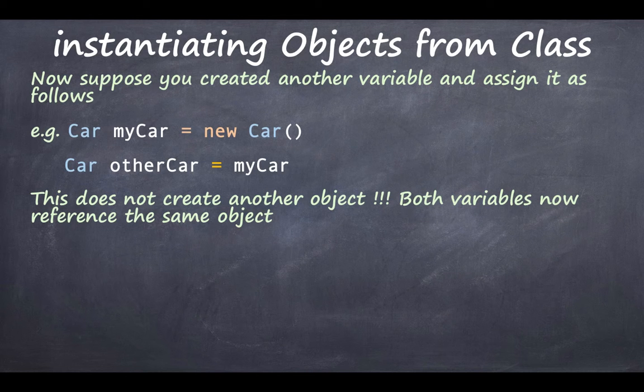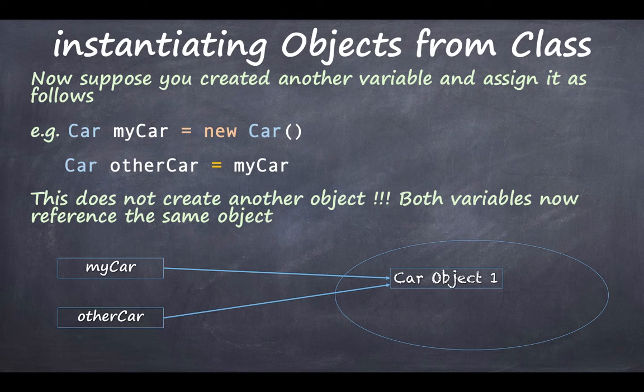You have just assigned it to the previous car. So now both the variables are referencing the same object. Going back to our previous example, object 1 was already created, and now both the variables myCar and otherCar are pointing to the same object.